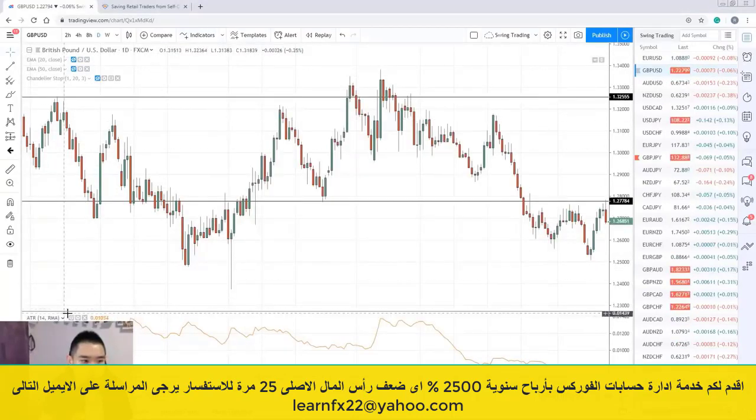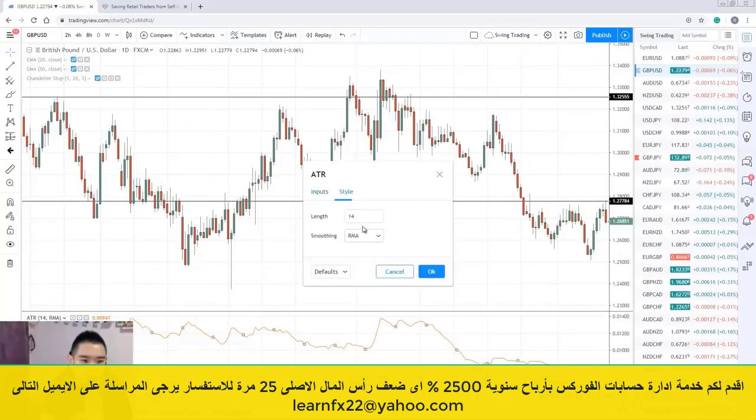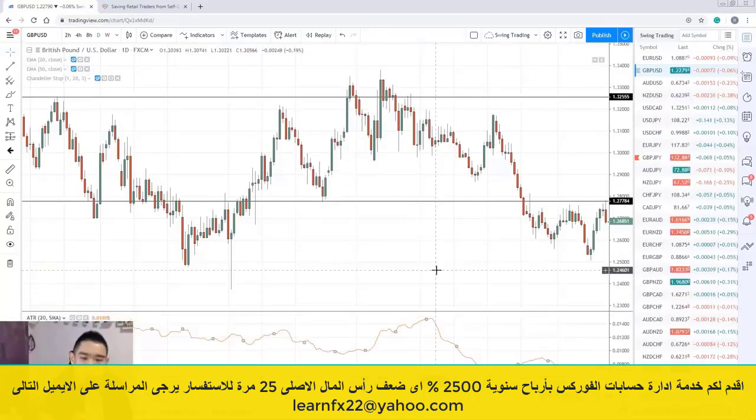I usually have a 20 period ATR, so I'll just go with my standard default. It's usually SMA, but trust me, it's not going to make much of a difference whether you follow my settings or not. Right now, from the looks of this chart, the ATR is about 80 pips. This tells you that historically for pound dollar on the daily time frame, over the last 20 days, it has moved an average of 80 pips.